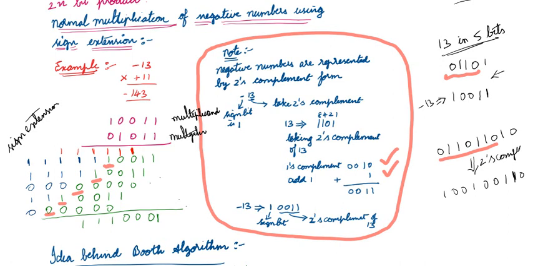4 is 100. So I am putting 0 here, and the carry is 10. 10 is 2. So 2 plus 1 is 3, plus 1 is 4, plus 1 is 5. What is 5 in binary? It is 101.